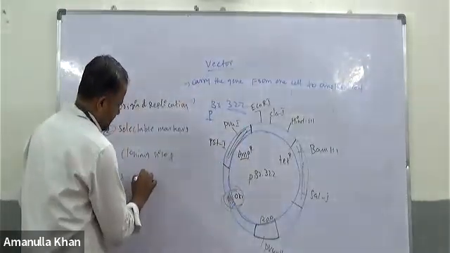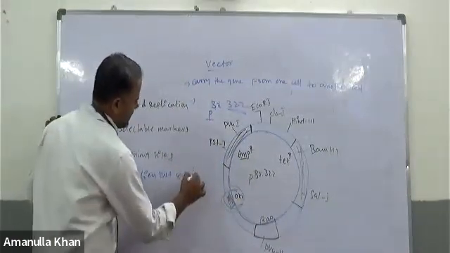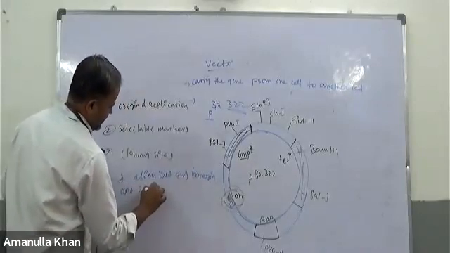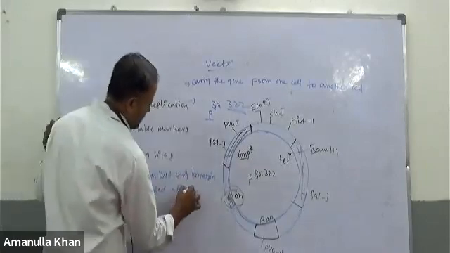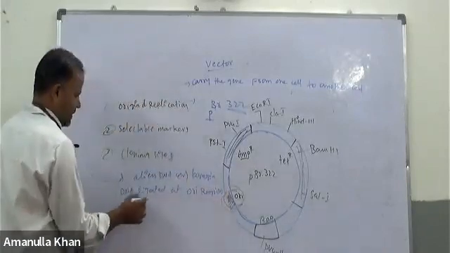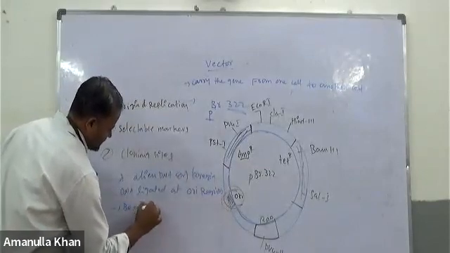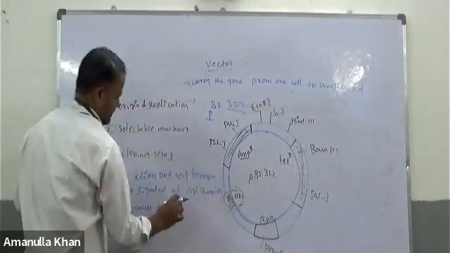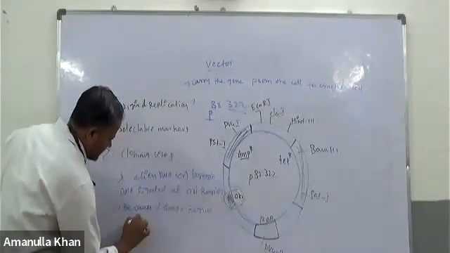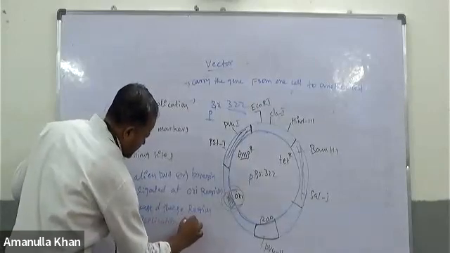Alien or foreign DNA is ligated at which region? The ori region. Because of what? Because this region has replication ability.